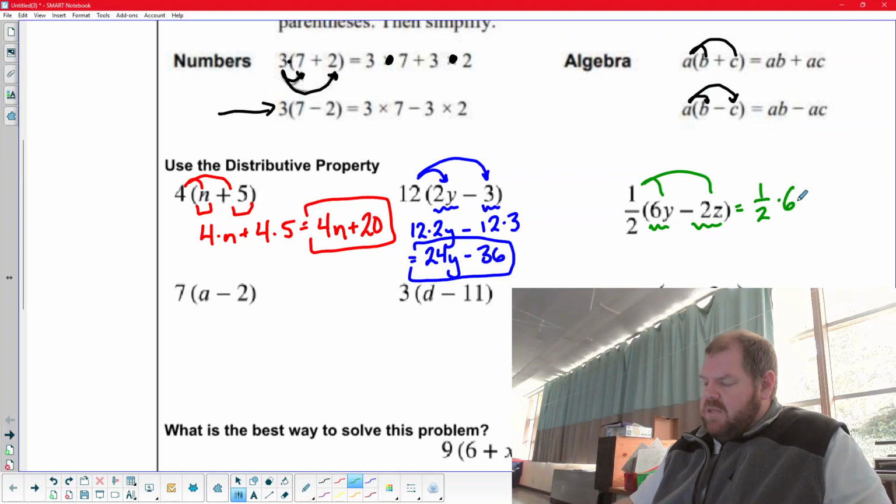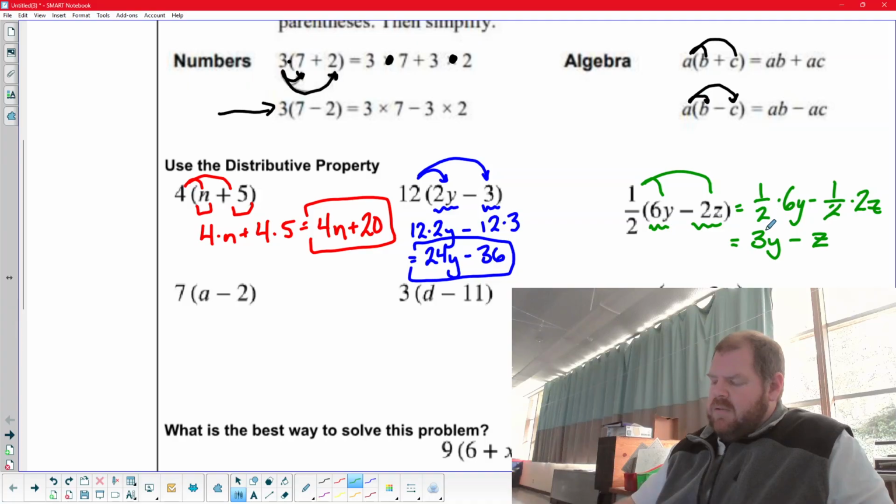So 1/2 times 6y, and minus 1/2 times 2z. Here we're working a little bit of fraction multiplication. 1/2 times 6 is 3. 1/2 times 2 is 1, or we can just say z.